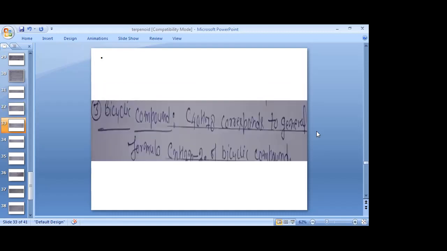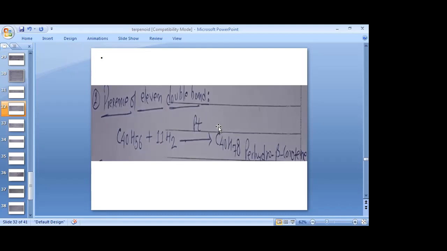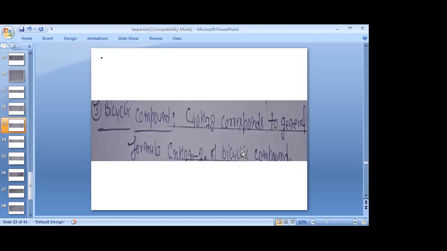Now after that, the compound is bicyclic because there are two cycles. How do we confirm that? C40H78 is a completely saturated compound where all 11 double bonds are reduced. That compound corresponds to the general formula CnH2n-2.